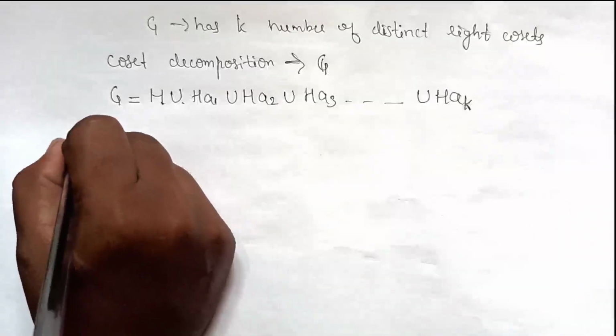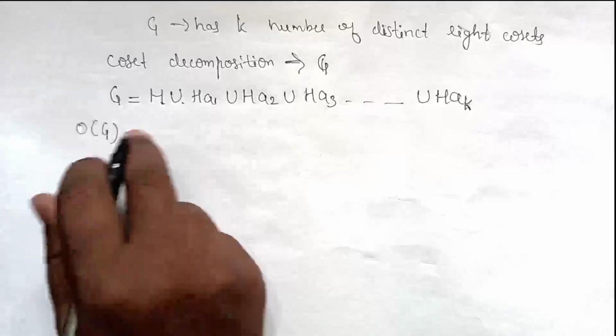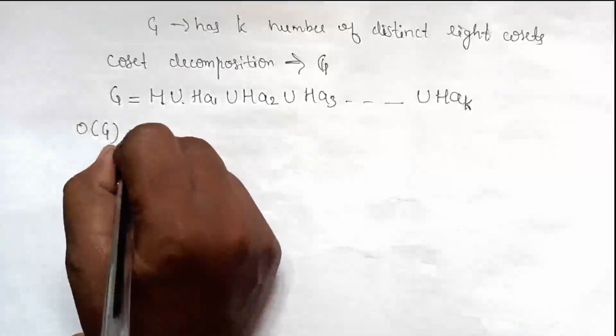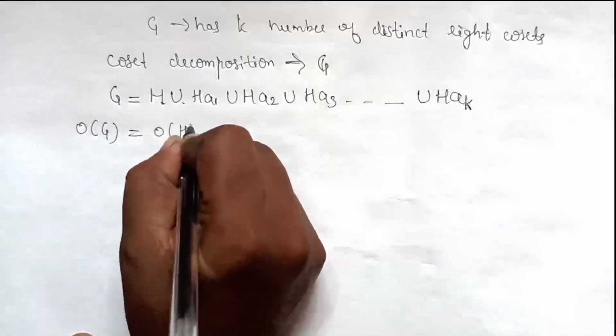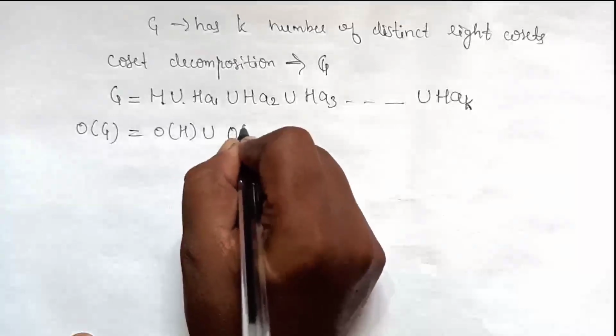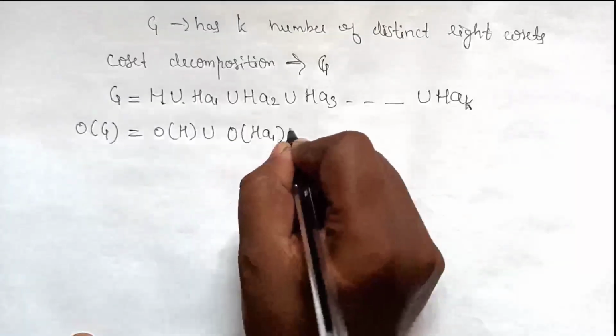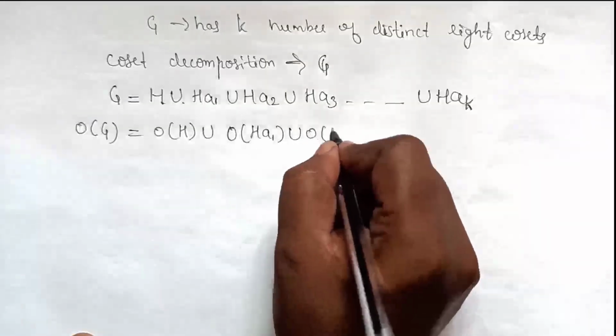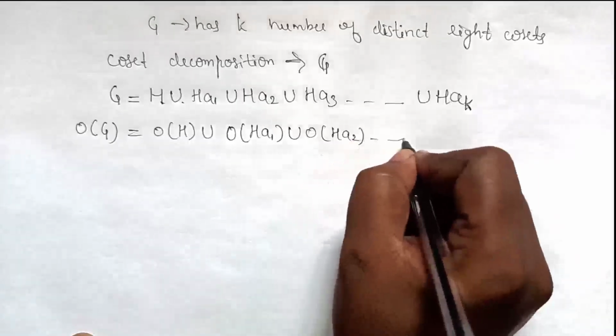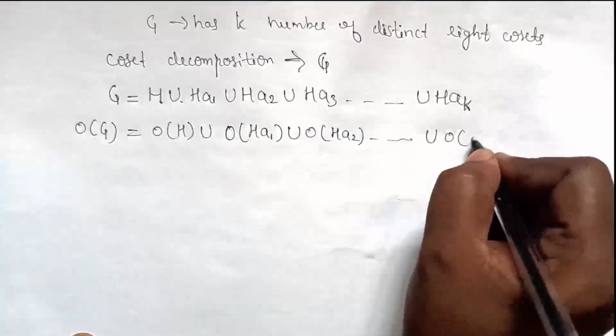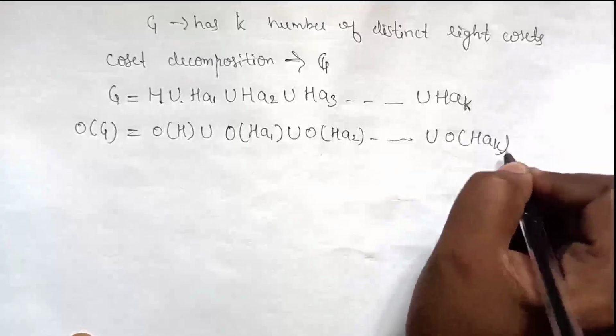Therefore, if I take the order on both sides, order of G will be order of H plus order of Ha1 plus order of Ha2 and so on plus order of Hak.